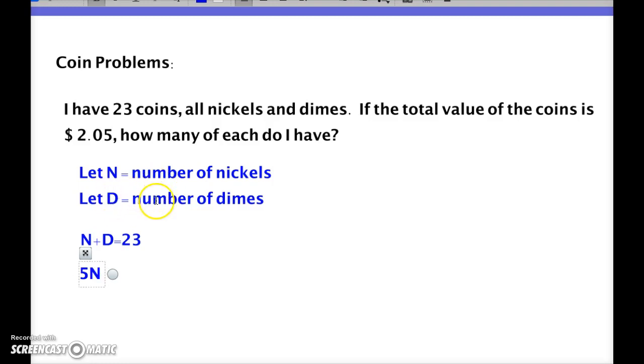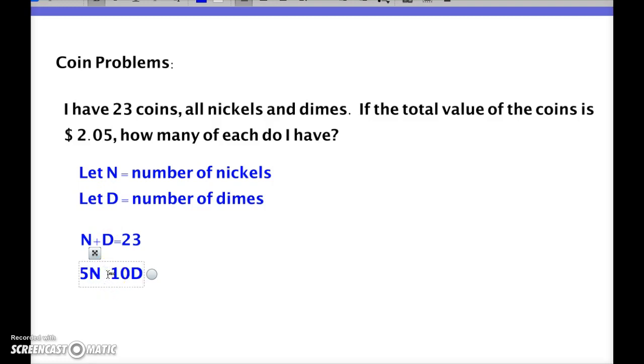And then the dimes, how much are they worth? Well, I have d dimes, each one of them is worth 10 cents. So that would be worth 10 cents times the number of dimes.